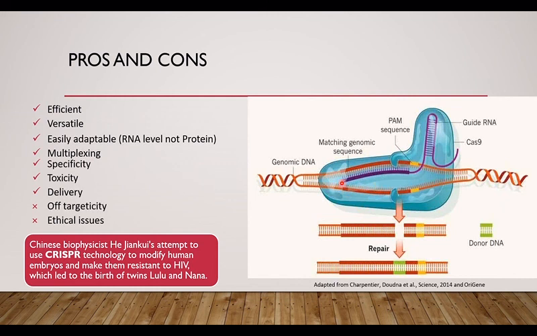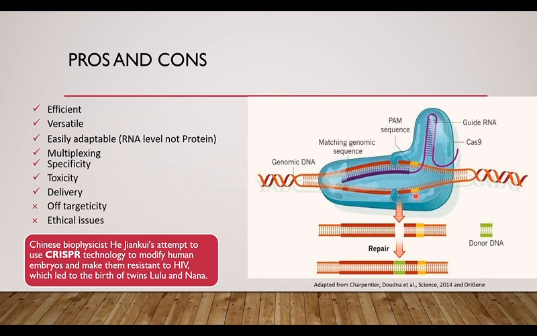Part of the guide RNA is complementary to the target site, and it is bound to that with CRISPR Cas9. Next to the target site there is something called the PAM sequence, which ensures that it makes a double stranded break.